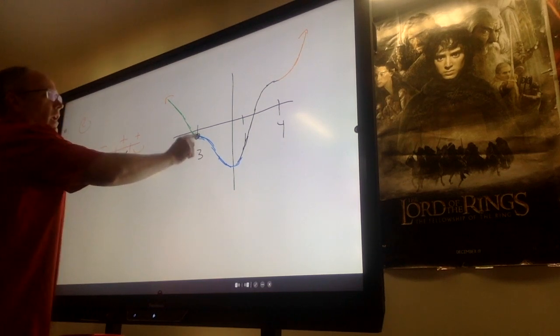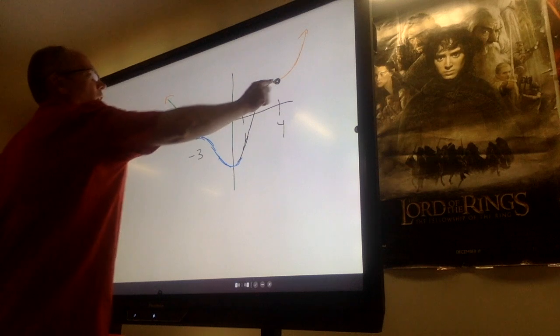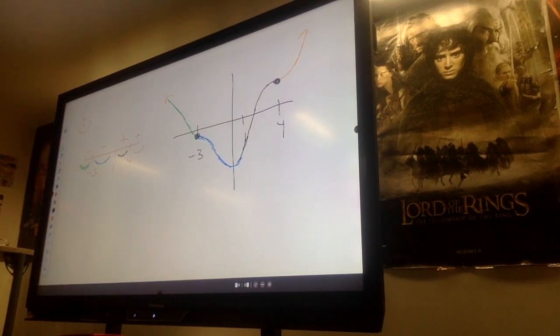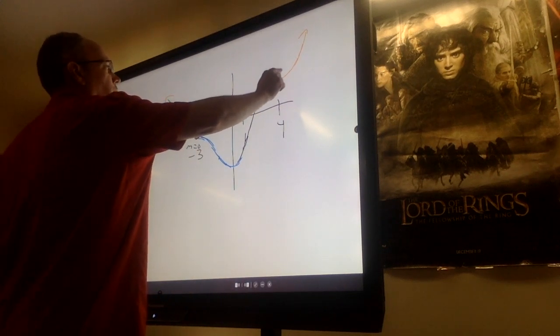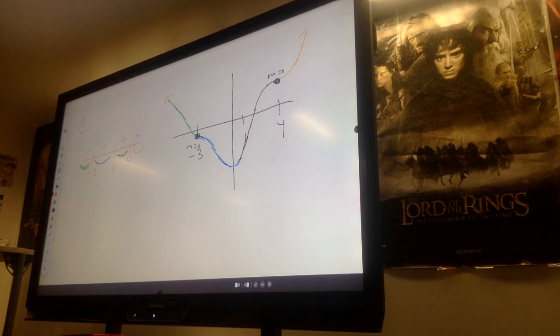The point right here and the point right here are points of inflection. So the slope here is equal to 0. The slope here is equal to 0. But so it's just your line comes up, flattens out, and then it goes back up, or it's coming down, flattens back out, and goes back down. Okay? So that's the main thing.